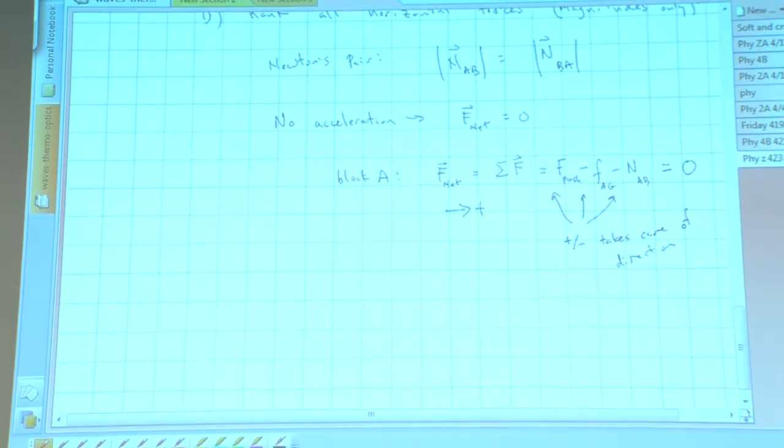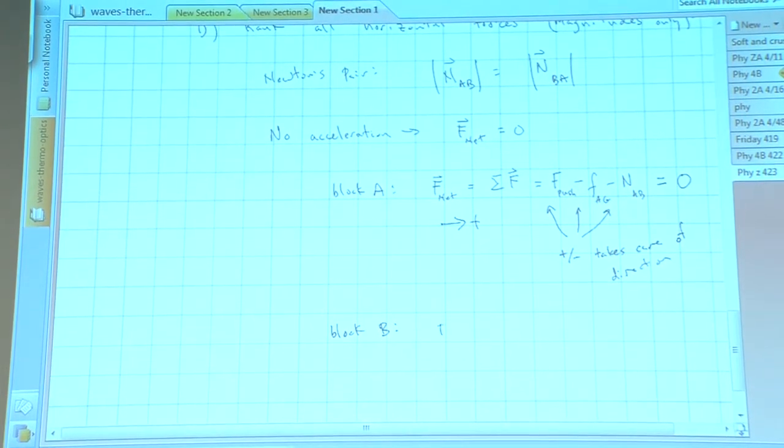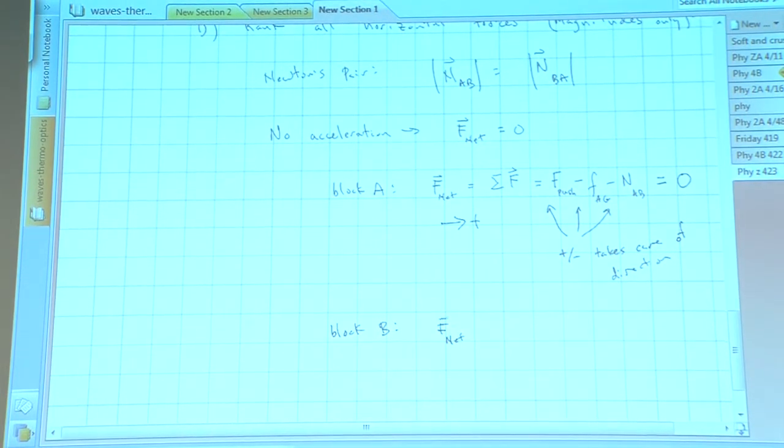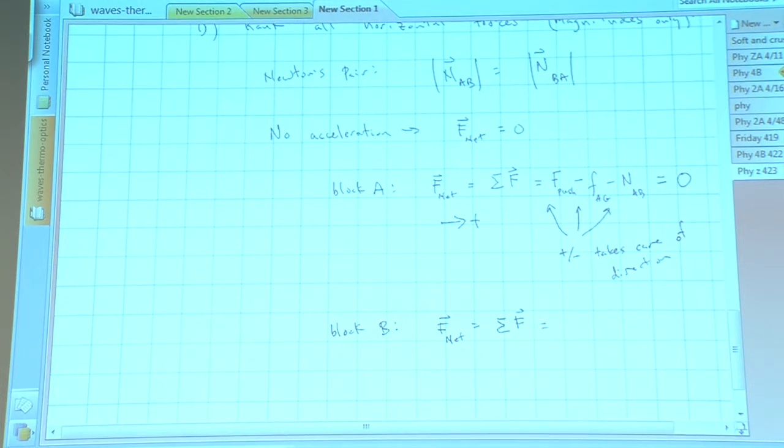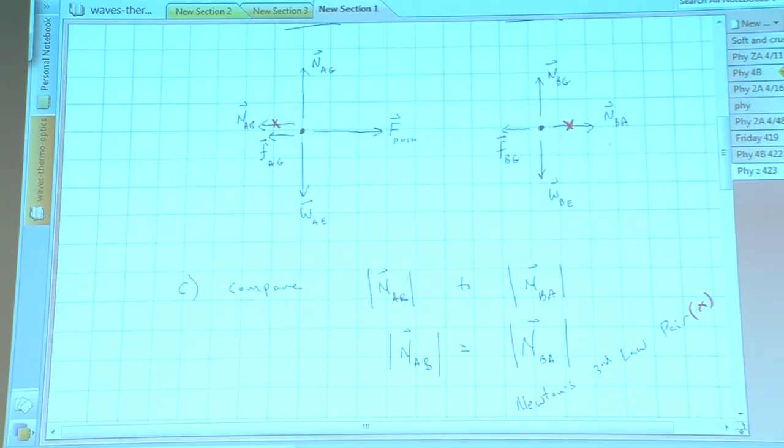For block B, the net force, another way of writing it, is the sum of all the forces acting on B. I'll use to the right as positive again. We only have two forces. We have a normal force from A pushing on B to the right, and a friction force to the left.